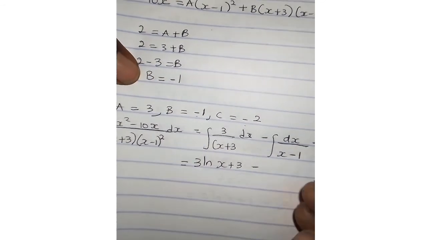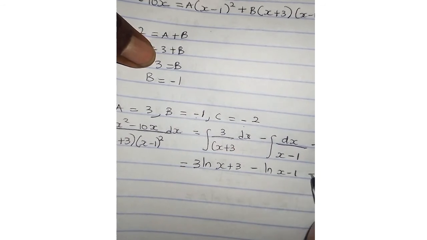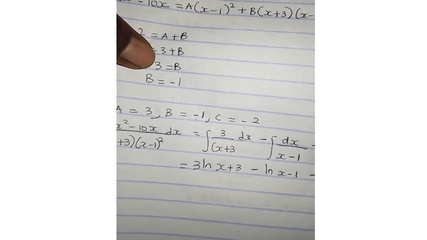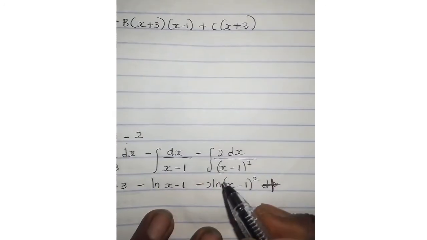minus ln of (x minus 1) minus the integral of 2 over (x minus 1) all squared dx, plus c.